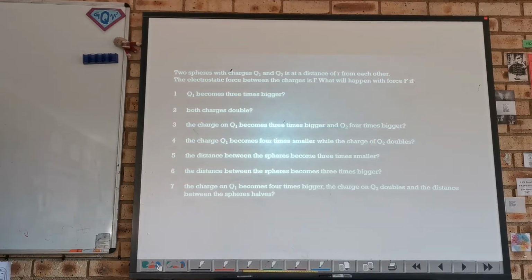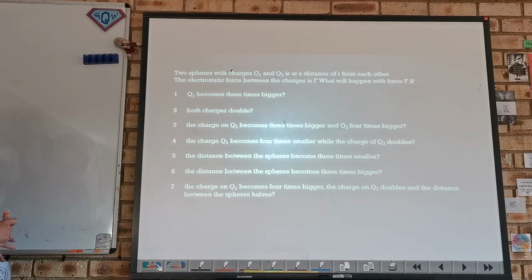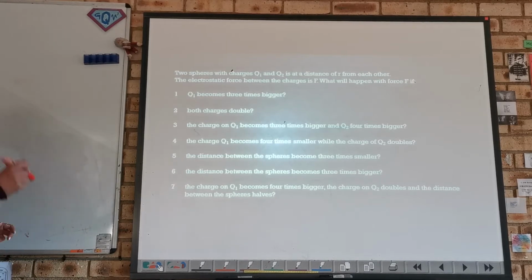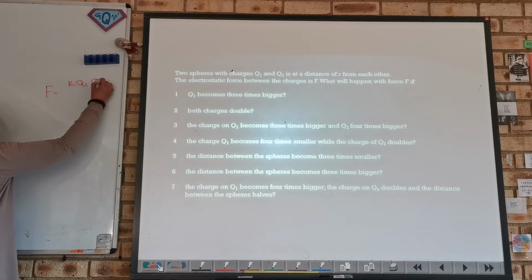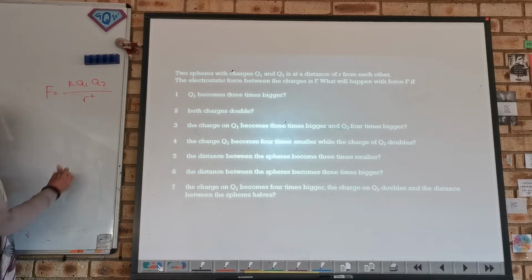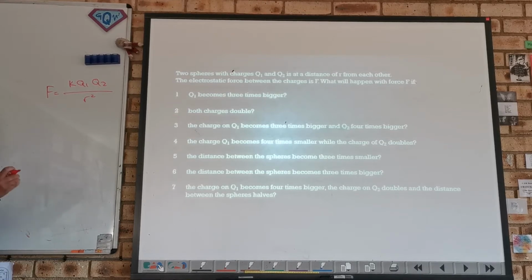So for the first one, we're going to talk about what happens if Q1 becomes 3 times bigger. The first thing I'm going to do with these problems is write the equation as is. So the equation says that F is equal to K Q1 Q2 over R squared. My rule is this: I'm going to plug the ratio into the equation and then bring it to the front.